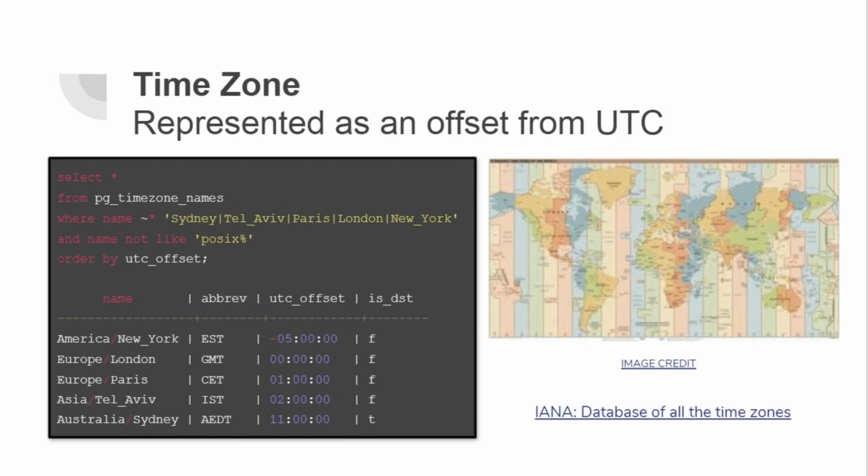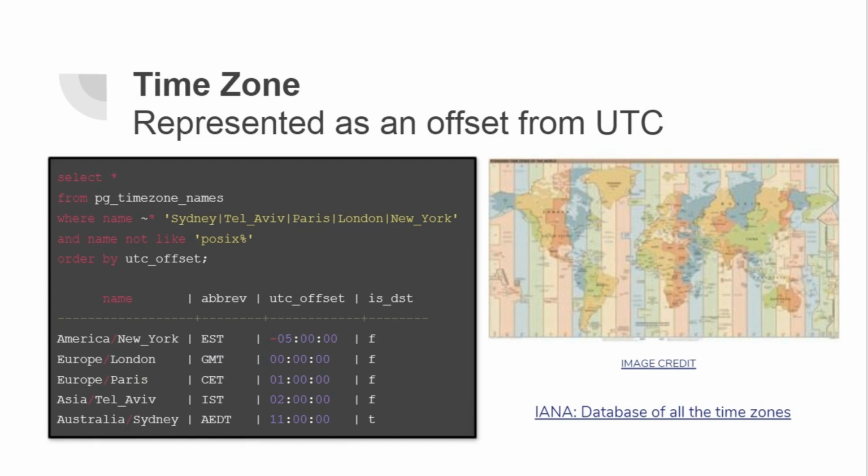So time zones are represented as an offset from UTC. For those of you who work with foreign countries or in very large countries that span across time zones, the subject of time zones might be more familiar.